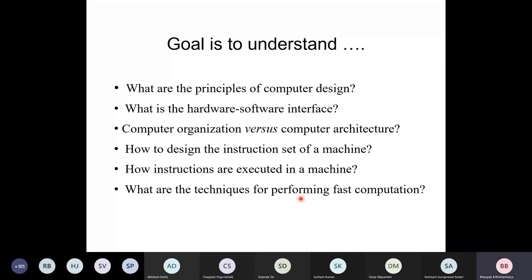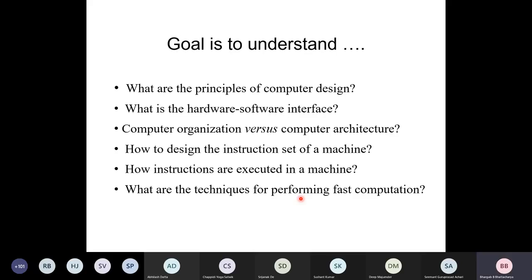And then another fundamental question, because everybody wants speed, right? During our time, machines were very slow. Now we are talking about 2 gigahertz, 4 gigahertz, and so on. Everybody is trying to have a very fast machine.